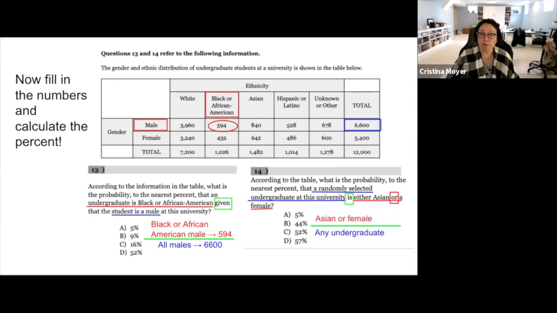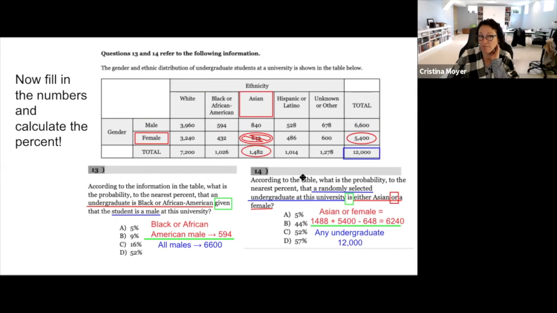Now, for number 14, there's actually two ways to look at this. So let's look at the first way. If we want Asian or female, we could say, okay, well, all Asians is 1,482. And oh heavens, I see that I have accidentally made a typo in my slide, 1,482. And then we might say, all female is 5,400.